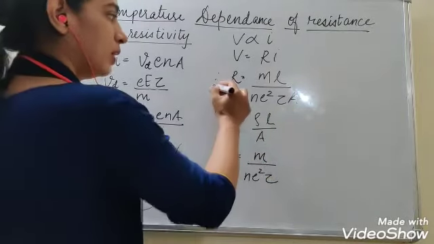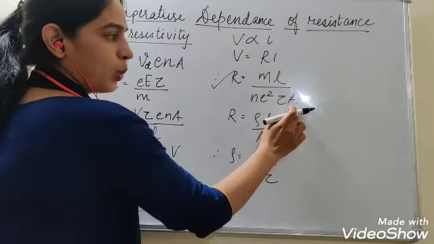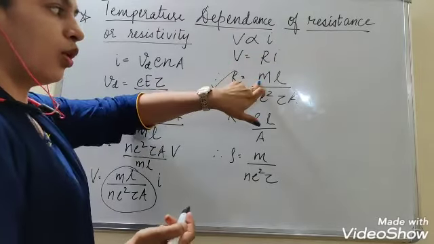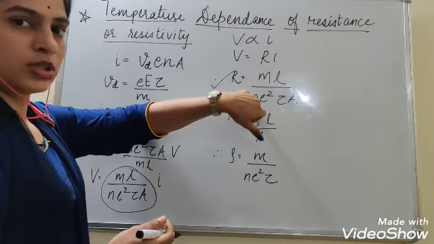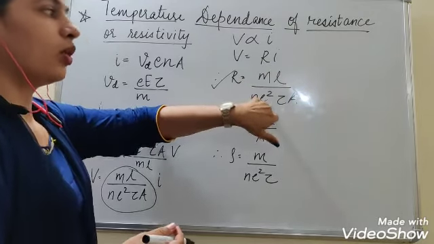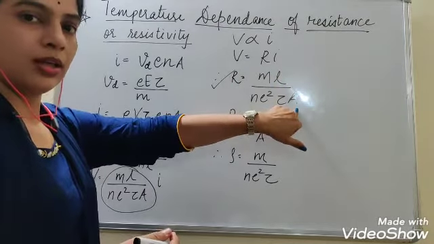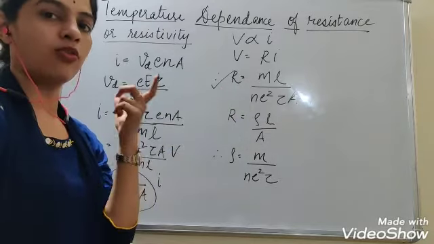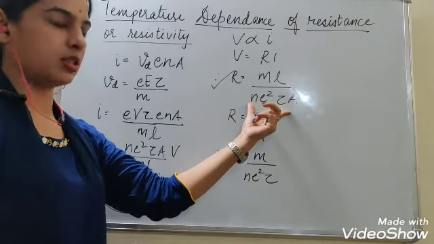This is very important, girls. Resistance is given by mL upon ne²τA, where we discussed in the last class that m is the mass of the electron, n is the number of electrons per unit volume, that is the charge density, e is the charge on an electron, and τ is the relaxation time. Length and area being constant, the resistance of a particular length of a conductor is constant.